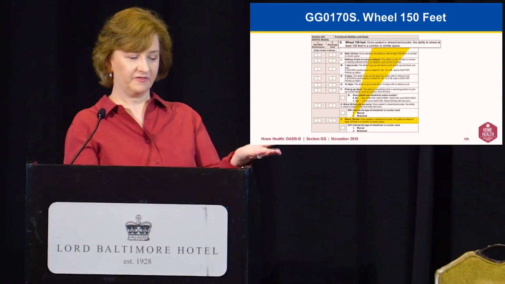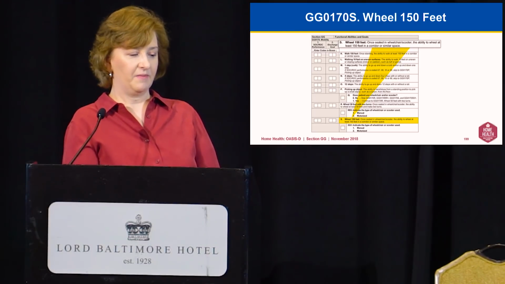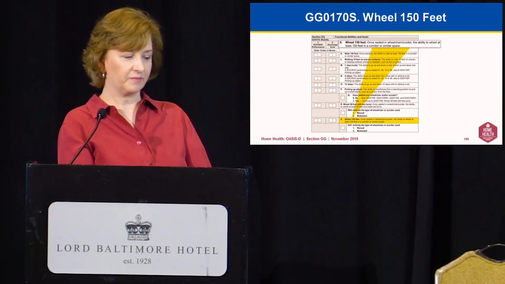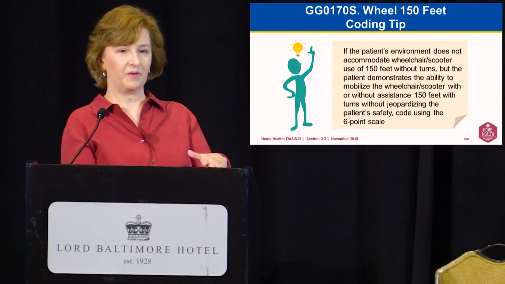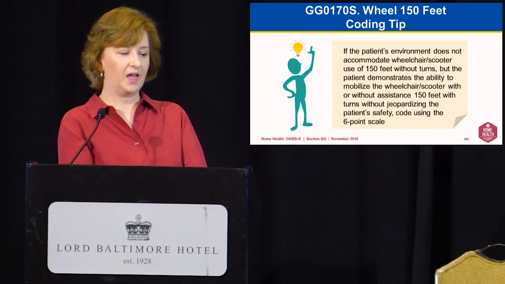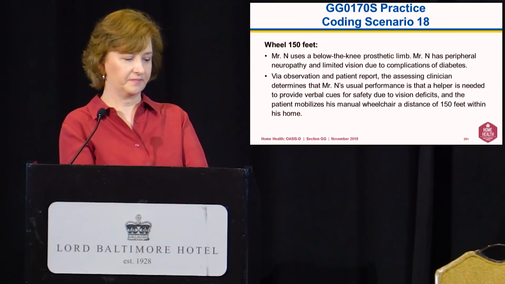You can assess this using your clinical judgment in terms of you may need to include some turns in there. And so again, concern about patient safety obviously is a primary concern, but you can assess this item by including turns if that's necessary because of the environment.